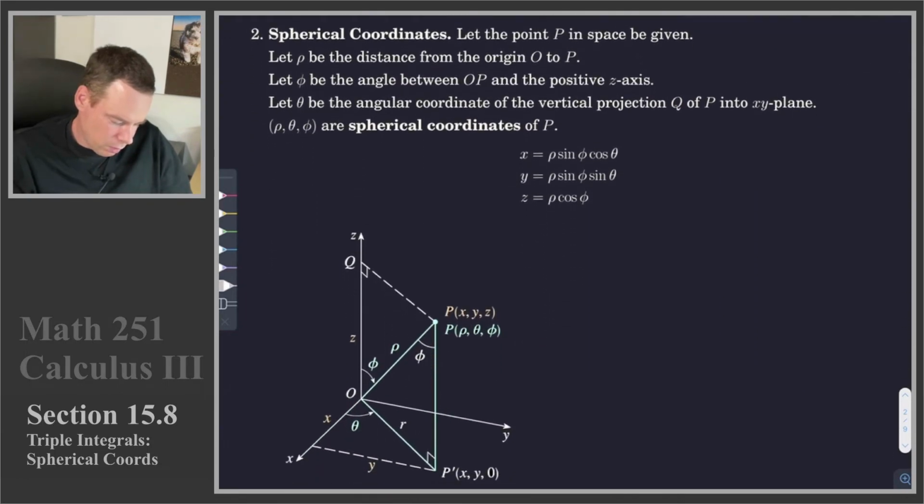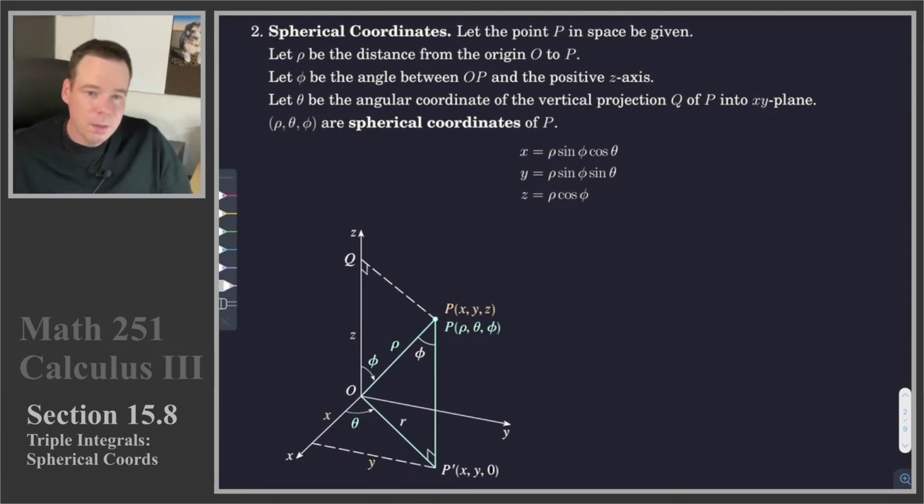So spherical coordinates are defined as follows. The idea is, for any point in three-dimensional space, we can describe it using three values. Originally, we used the three values x, y, and z, and those are just distances from coordinate planes. Or we can use cylindrical coordinates, where we use r, theta, and z values. In spherical coordinates, we use what are known as rho, theta, and phi values.